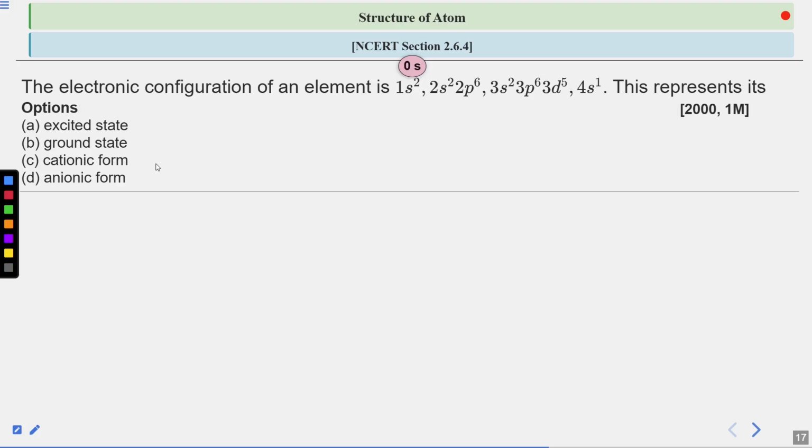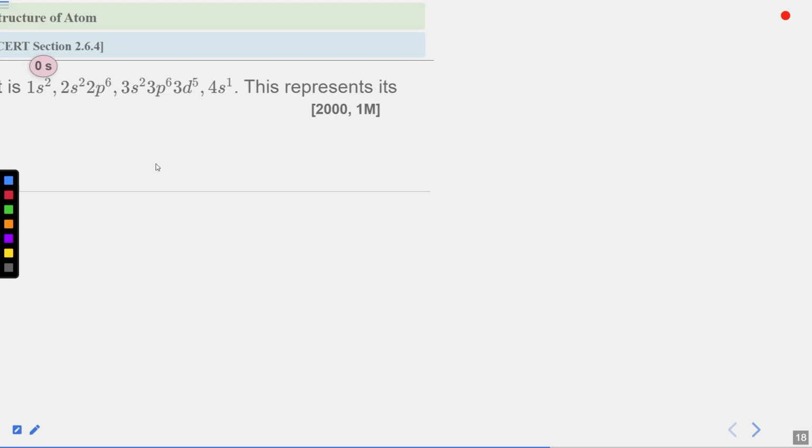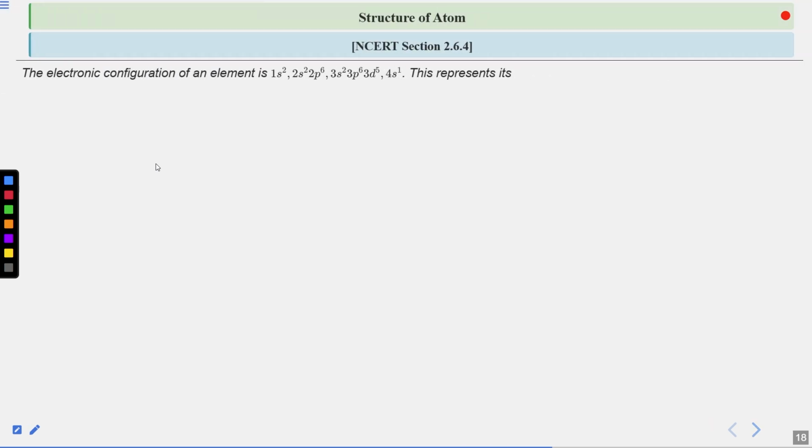Okay, your time is up. So the correct answer will be the ground state. Those who have made a mistake, no problem. Just try to think over it. We have seen this thing. Whenever there is an involvement of d orbital, there is a greater significance of the half-filled orbital.